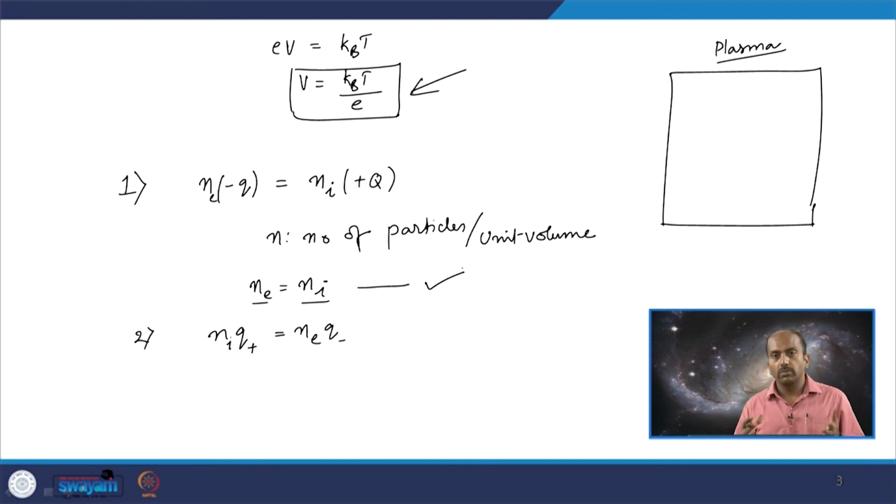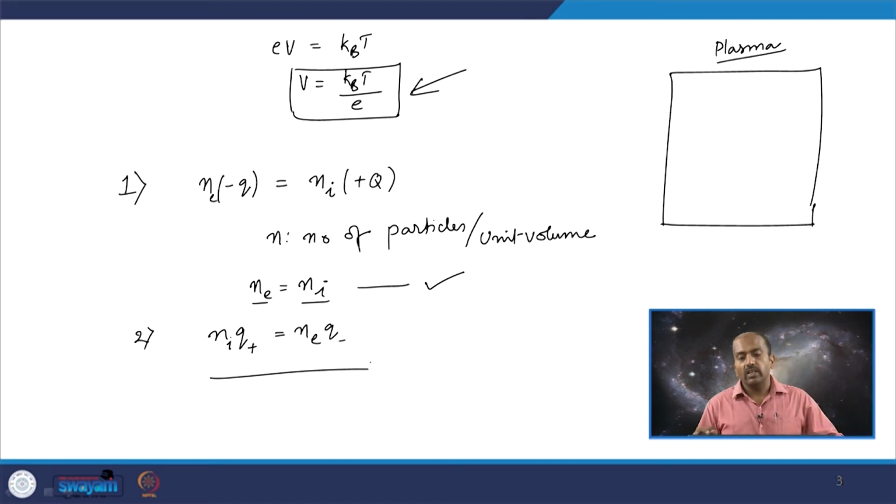But doubly or triply ionized species can exist. In that case, the total amount of positive charge is equal to the total amount of negative charge, so it is equal both in terms of numbers and in terms of quantity of charge. So, we have considered the plasma to be this.